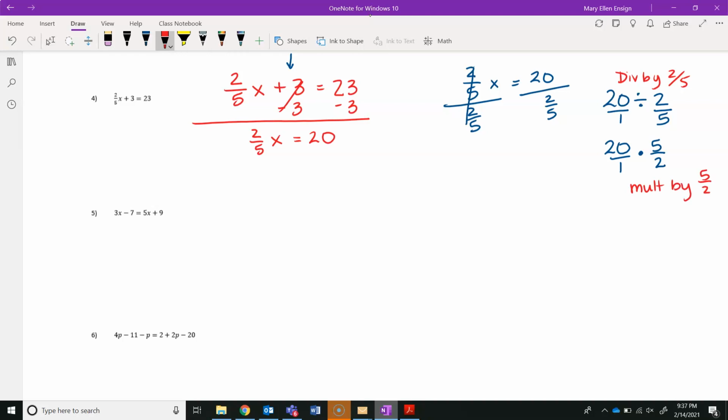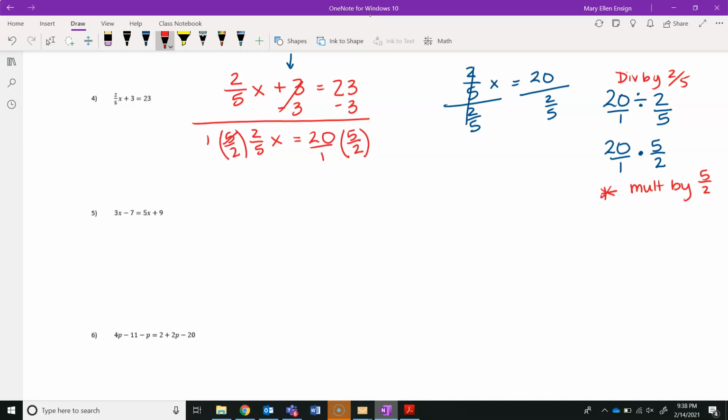So that is generally how we write it when we're dealing with fractions. That way we can do it by hand. So over here, instead of writing that I'm dividing by 2/5, I write this version, which means the same thing. So I'm going to multiply both sides by that reciprocal.